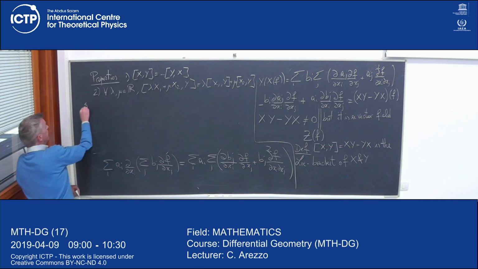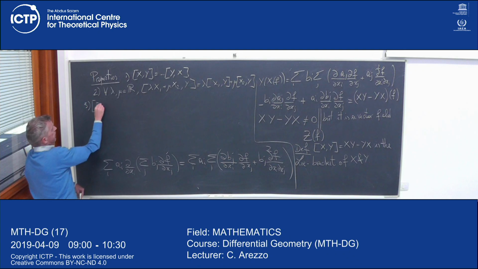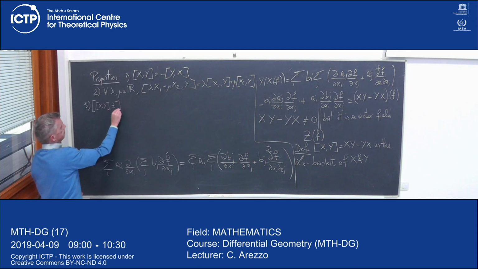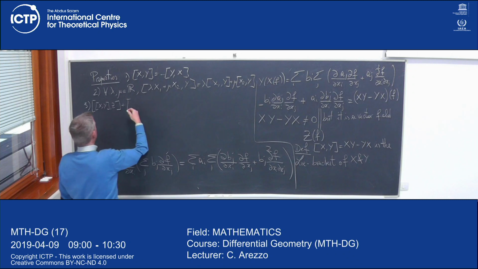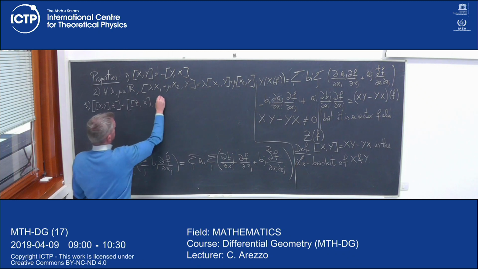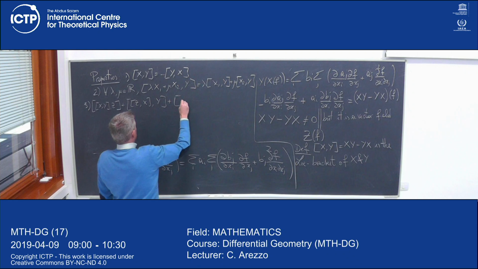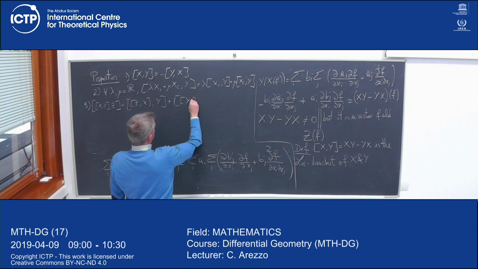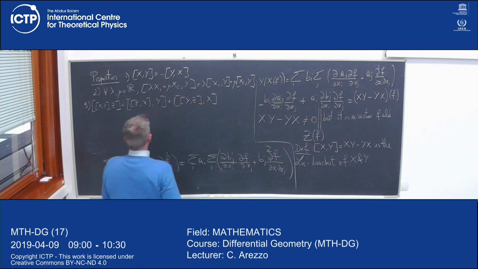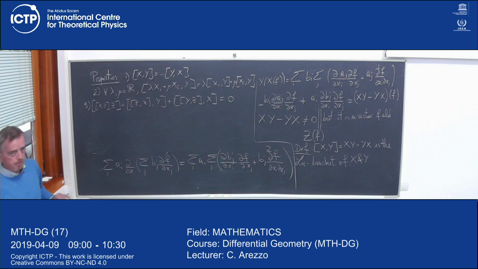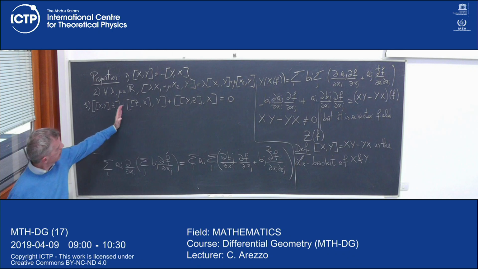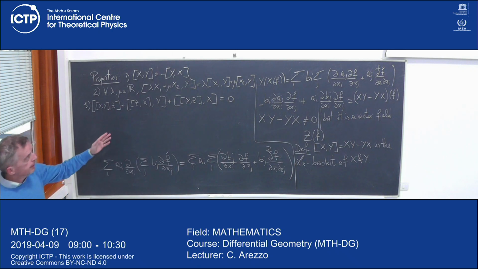Then there is a slightly more mysterious one. If you take the possible permutations, pushing always by 1, X, Y, Z, then Y, Z, X, then Z, X, Y, and you do all the sum, you get 0.